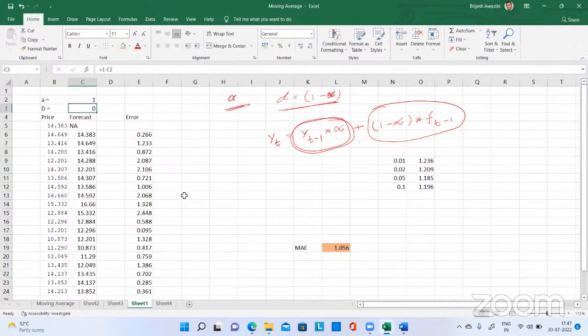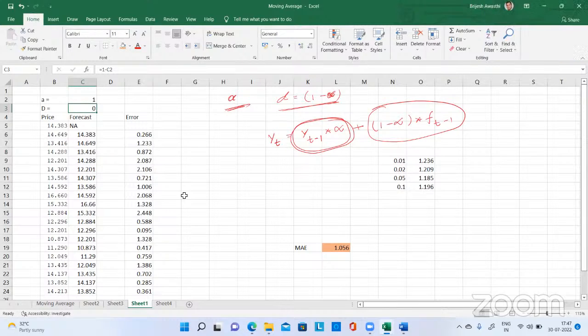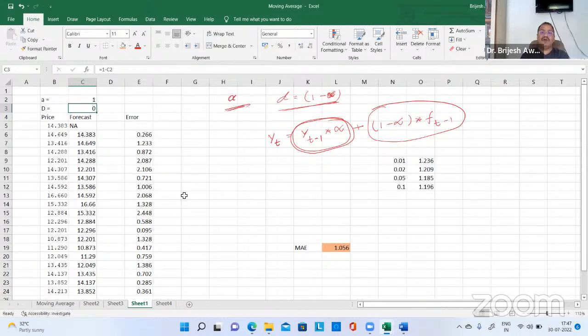Yes, sir. That means for every other value of the smoothing factor, your error is going to be affected. Yes or no? Yes, sir. Now I'm interested to know the value so that our error is minimum. My objective is that my mean average error must be minimum. What should I do? Please tell me.